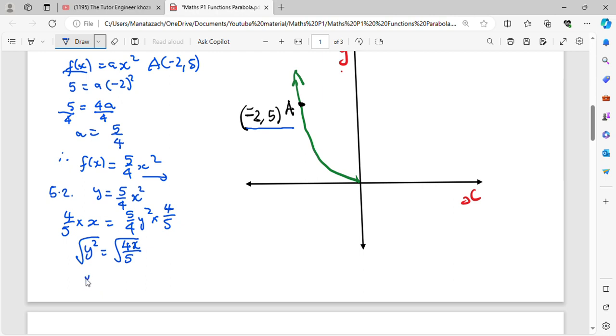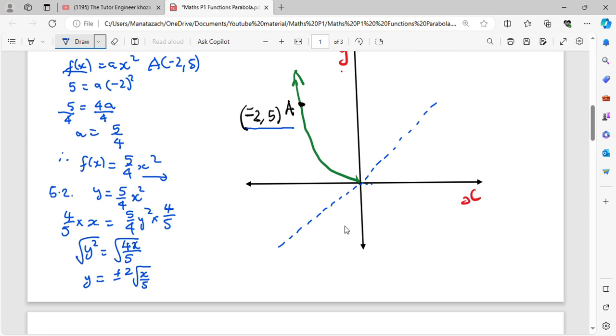We'll find y is equal to 2, which is going to be plus or negative square root of x/5. Right, so this is going to be the function. Since we are dealing with the inverse, it is going to be reflected on the line y is equal to x, right? So the inverse is going to be on the fourth quadrant.